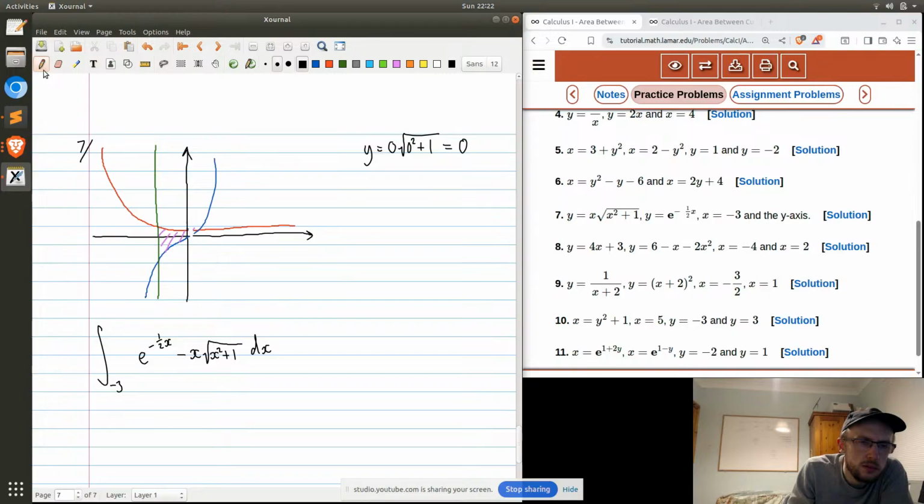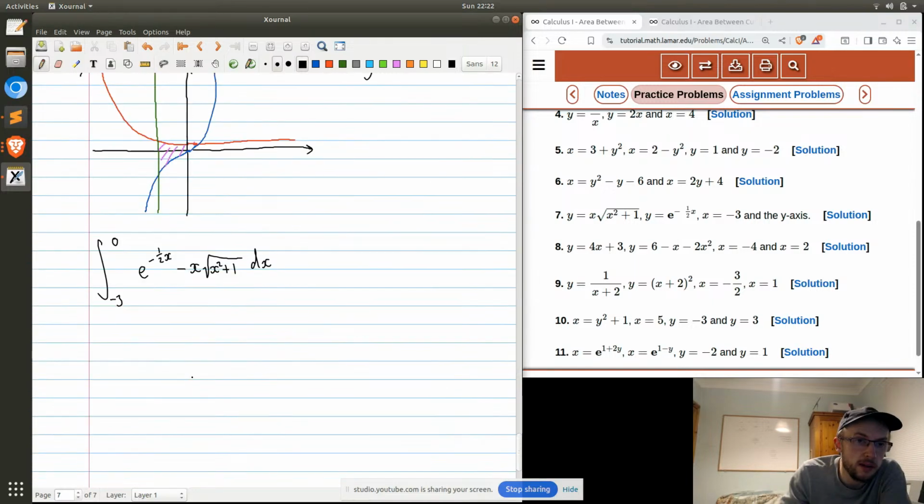So let's just recover. No, -3 to 0. So why is it not this? Could be this. Let's see. That I can integrate. That I can, but I need to handle them separately because I need to do substitution for this one.